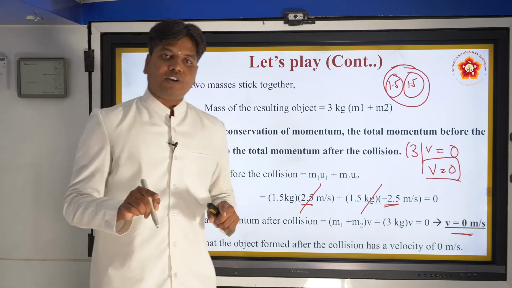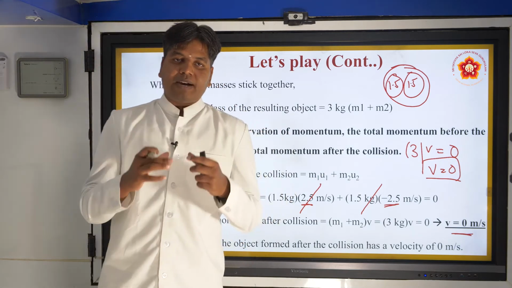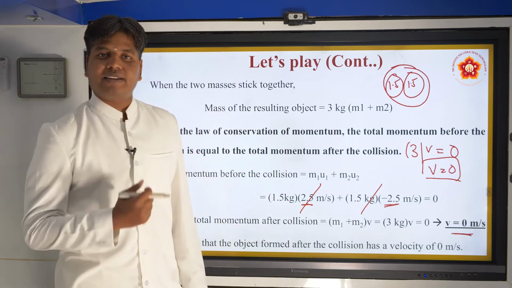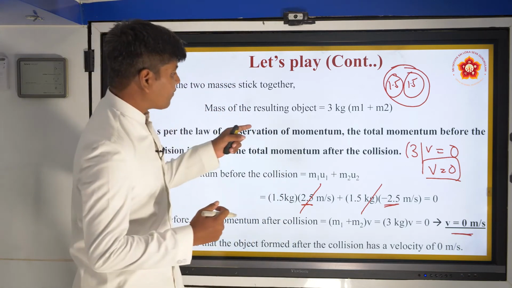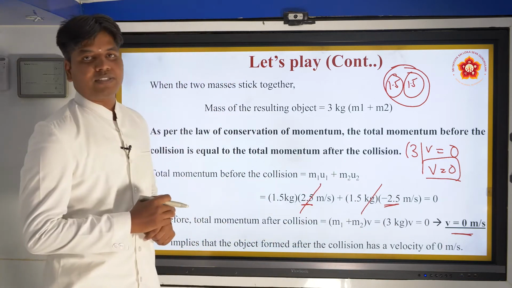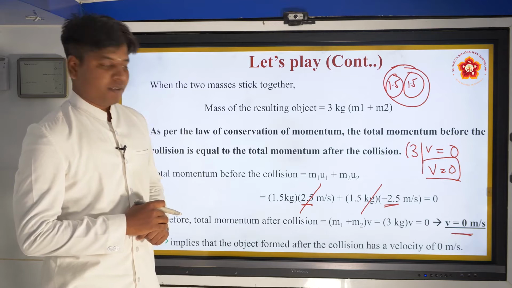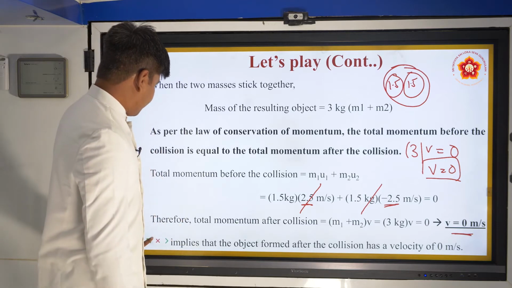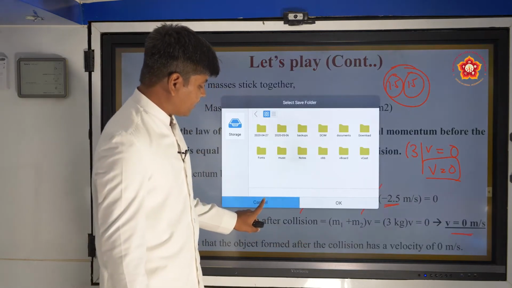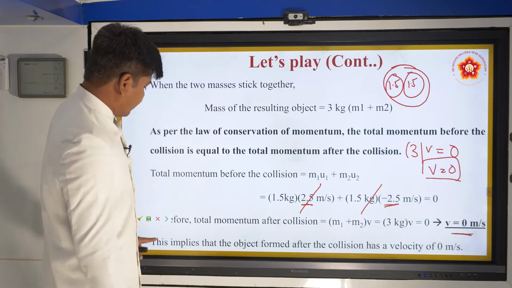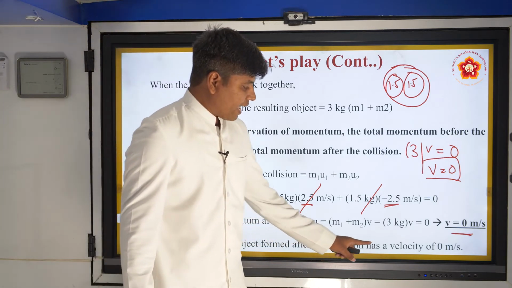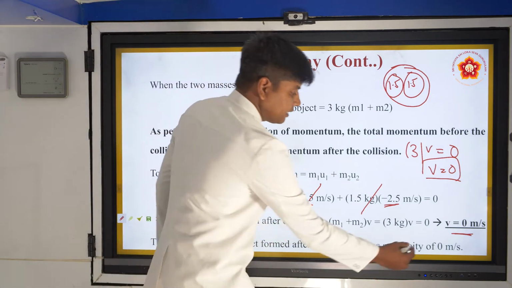So the final velocity of the combined mass is 0. That is what we predicted using symmetry. Using the law of conservation of momentum, we got this, so it easily verifies our symmetry problem. This implies that the object formed after the collision has a velocity of 0 meter per second.